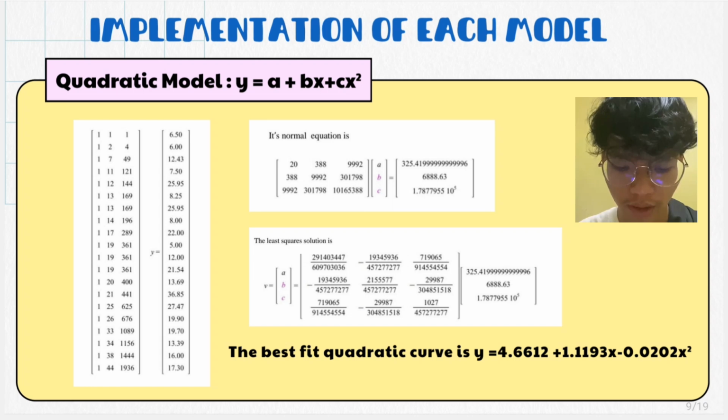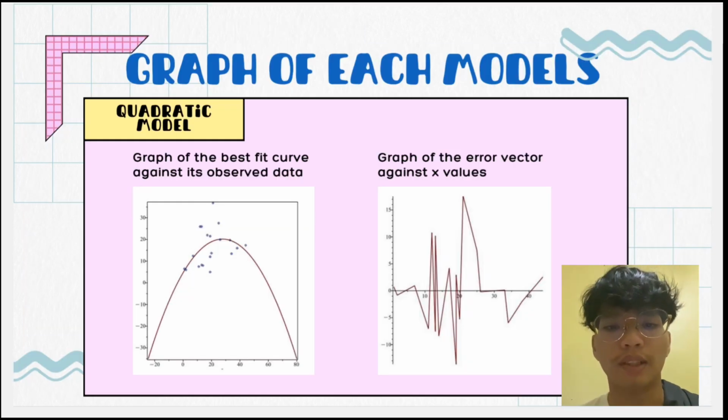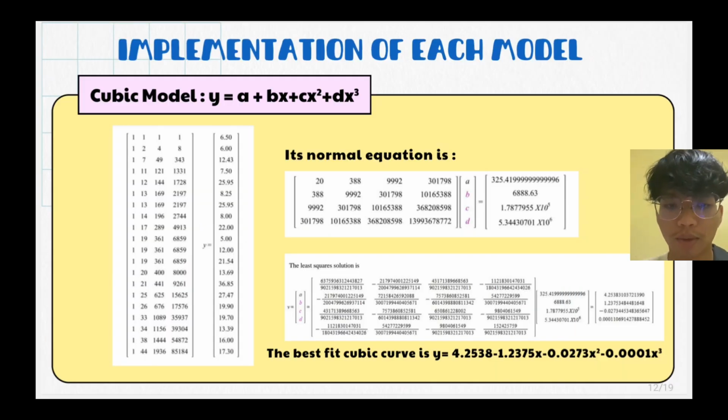You also have a least square solution. The quartic model also has the best fit curve. The error is y minus Mv, and it also has the magnitude of error, as in the cubic model.